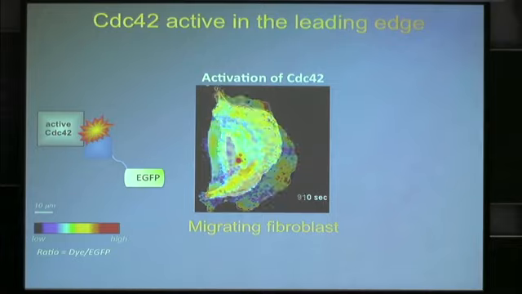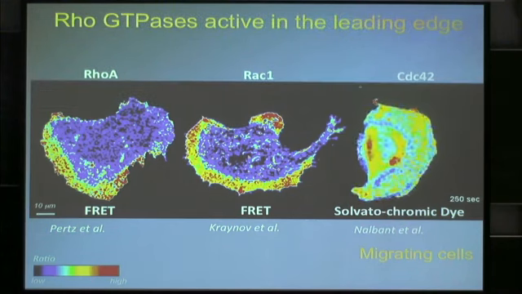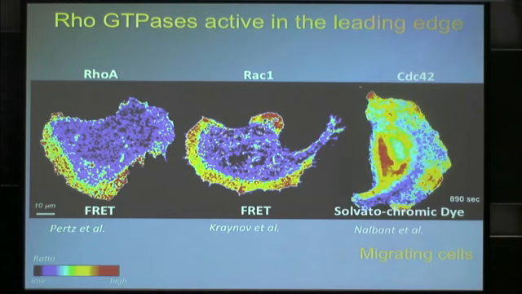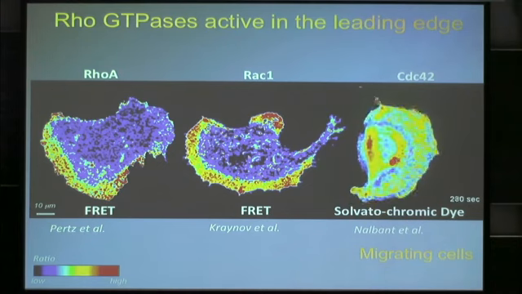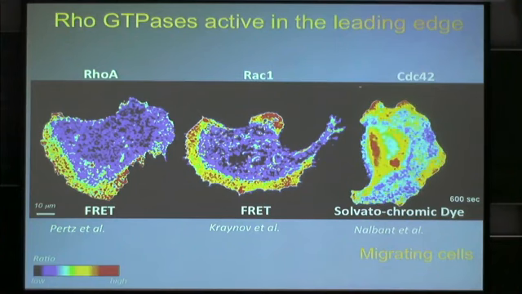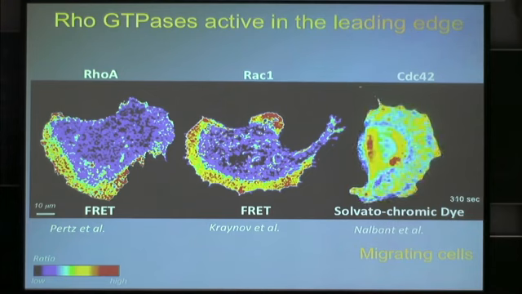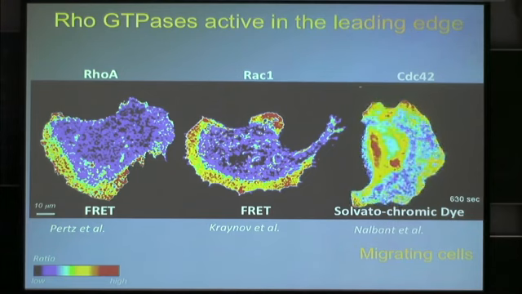So in summary, we can measure activities of those three GTPases, and we find that all of them are localized, the activity is localized in the leading edge or in dynamic protrusions.